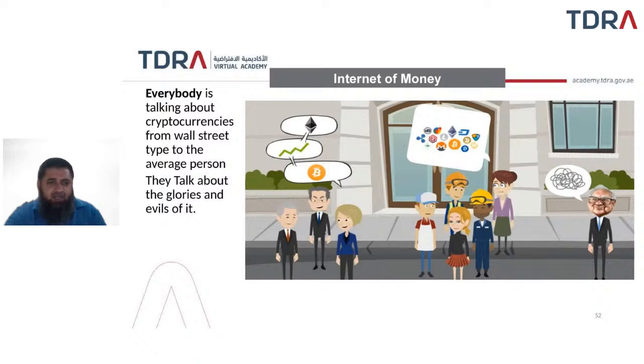Now everybody is talking about cryptocurrencies, from the Wall Street type to the average person. They talk about the glories and the evils of these cryptocurrencies. Yes, Bitcoin increased by 10 times in 1 year.